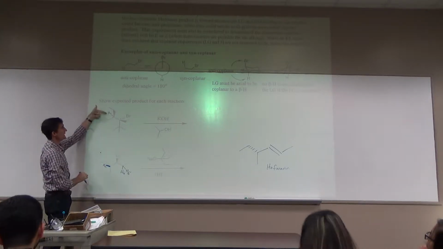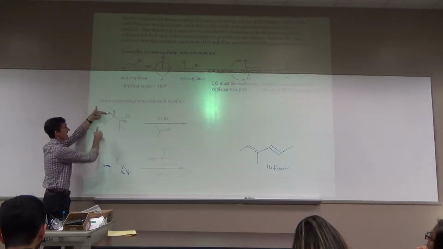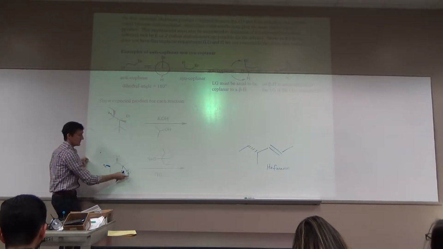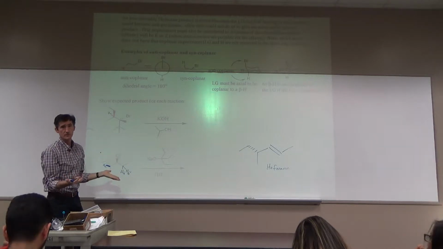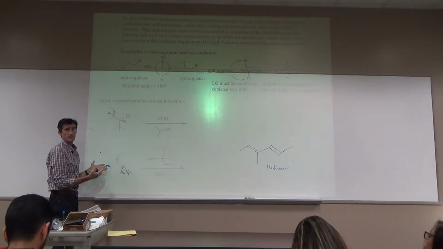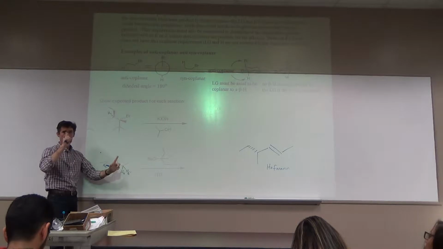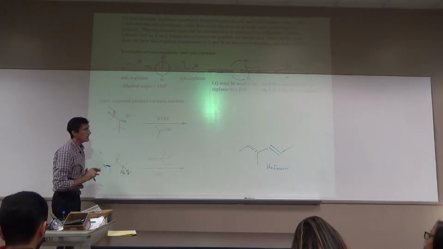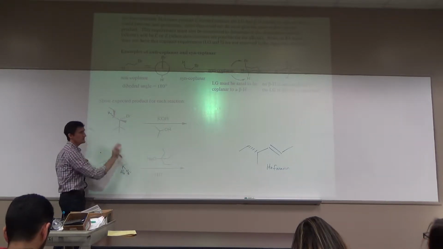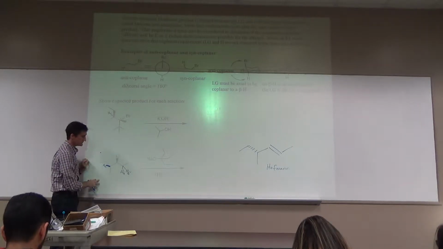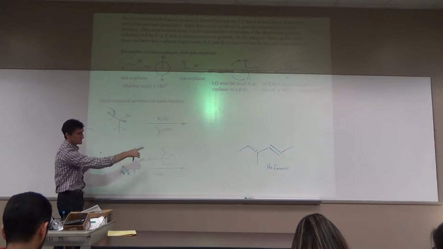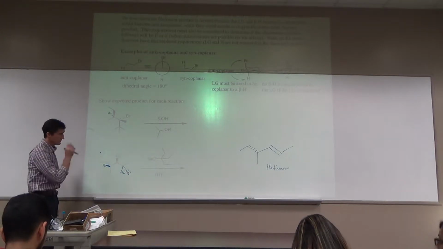You can only get one alkene because there's only one hydrogen, and it has to be anticoplanar. Because you have two, you have a choice. And since you have a choice, which is better, cis or trans? Trans. So that H is the one that's going to come, and I won't go further. When you have a choice, you're going to get the best alkene, and it's going to be trans. That's why I drew a trans. That's the Hofmann product.